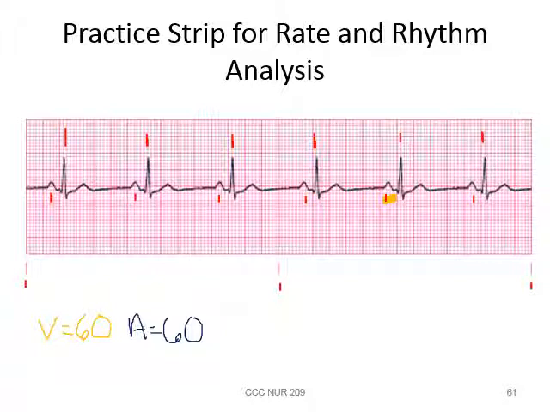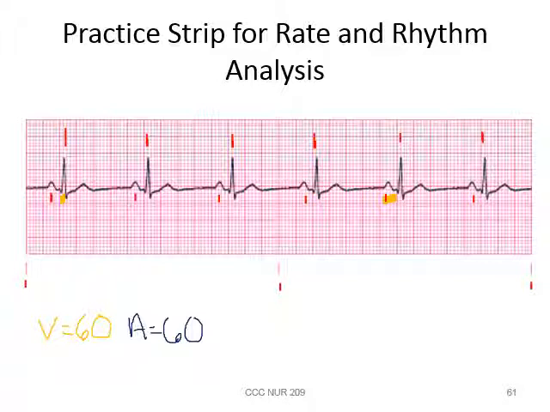And if we look, it's consistent throughout. Then we would look at our QRS complexes. What's the width of our QRS complex? It looks like it's about 2 boxes, maybe a little bit more. So that's about 0.08 seconds, maybe 0.1 seconds, but it's less than 1.2 seconds. So that is normal. So as we look at this, we would call this a normal sinus rhythm.